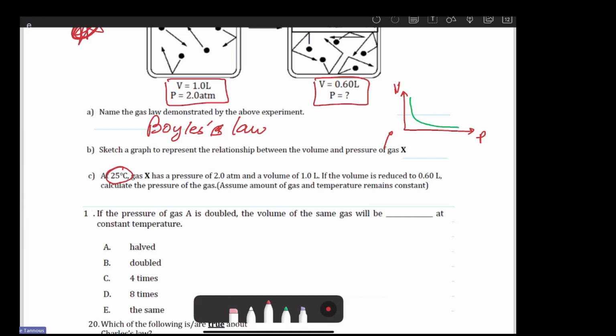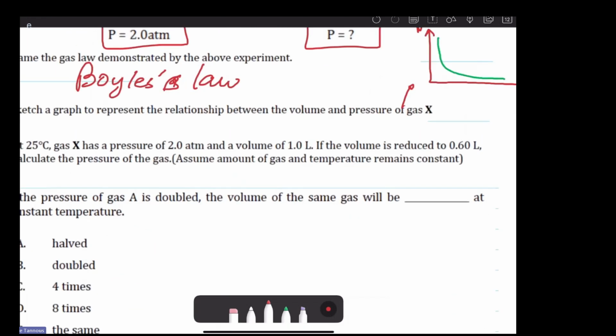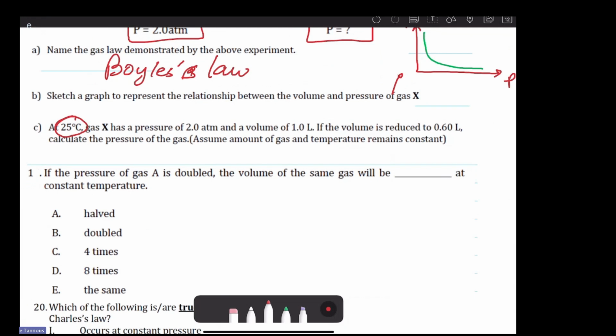It has a pressure of 2 atmosphere and a volume of 1 liter. So pressure 1, volume 1. If the volume is reduced to 0.6 liter, calculate the pressure.